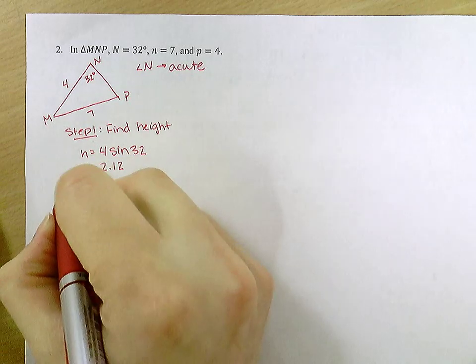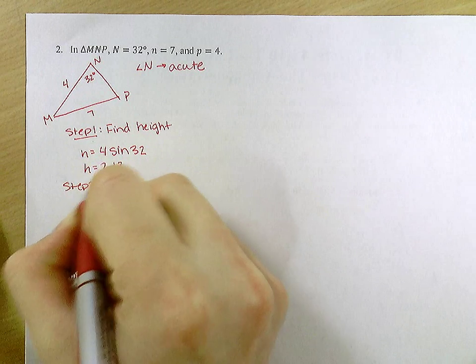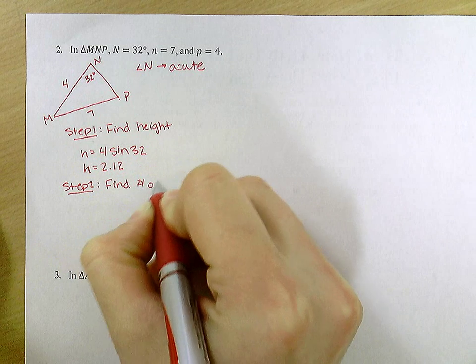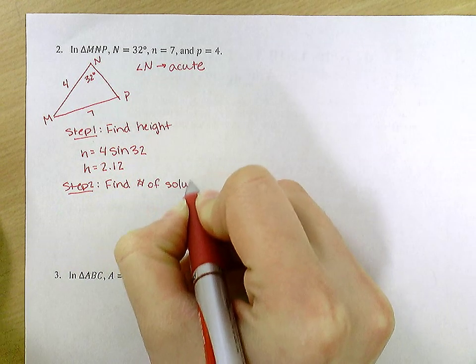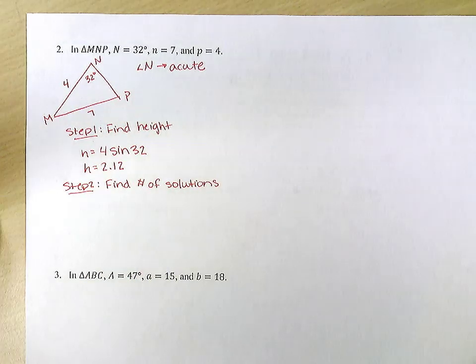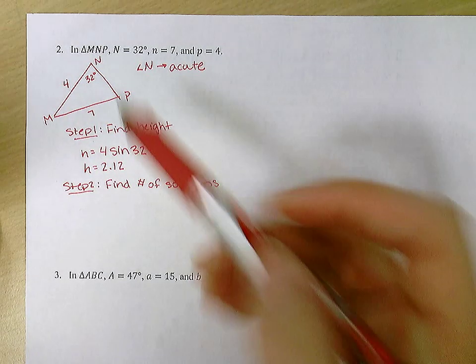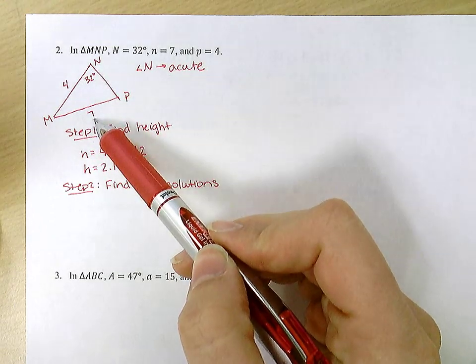Okay, our next step is to find the number of solutions. So again, I'm going to use the chart from the front. So again, our A value in that chart is the side opposite the angle. So the side opposite our angle is 7.